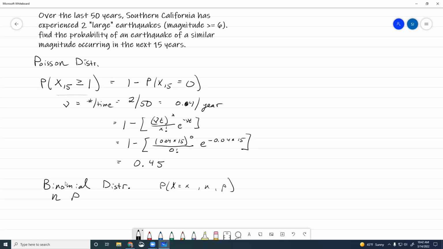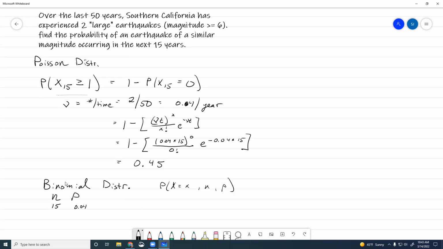So in this case, what is n and what is p? With 15 years, we're treating each year as a trial, and p is the probability that we have an earthquake in a given year, 0.04. So essentially p is our rate term. That's the relationship between these two.